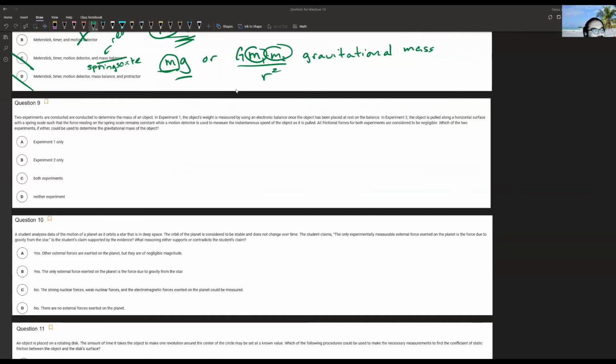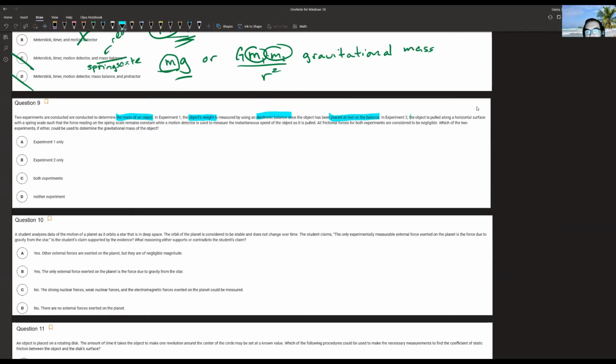Two experiments are conducted to determine the mass of an object. In experiment 1, the object's weight is measured using an electronic balance once the object has been placed at rest on the balance.